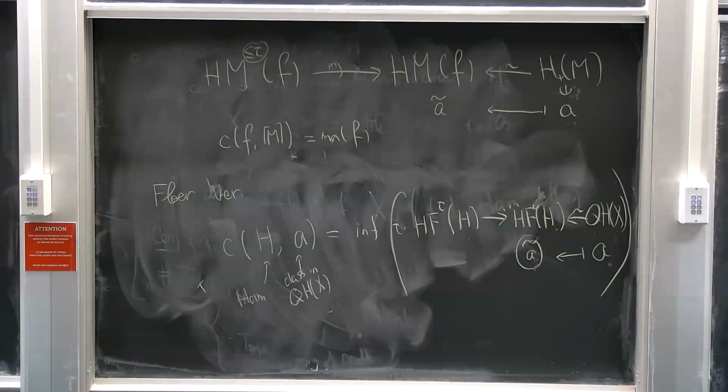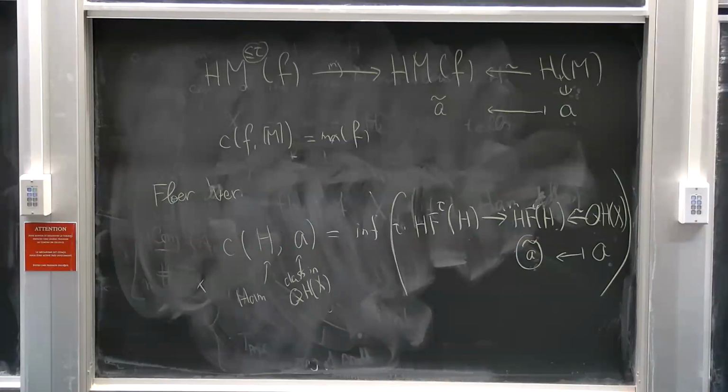This theory is due to Entov-Polterovich. So what did they do? First of all, I want to define a special function by using spectral invariants.